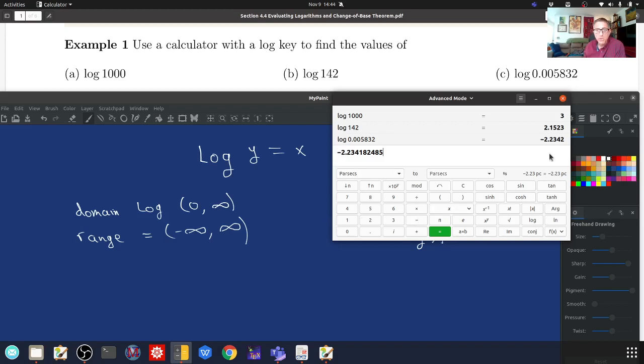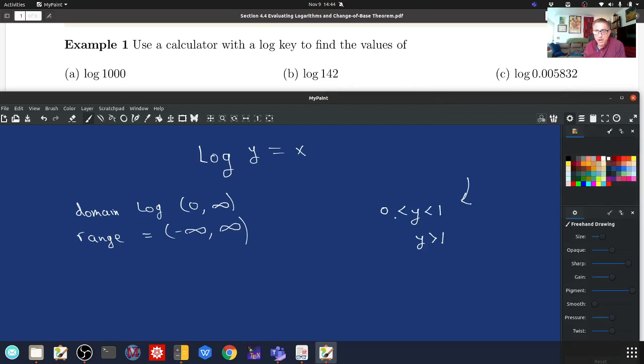So the log of the value y, if y is between 0 and 1, the answer is going to be less than 0. If the log of the number that we're going to be considering is greater than 1, then the answer also will be greater than 0.